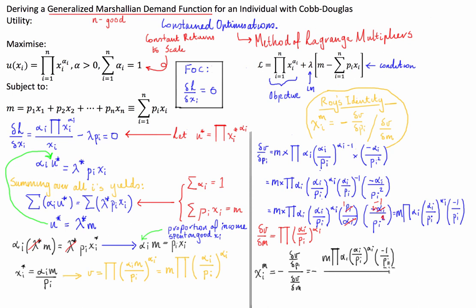all divided by, we've got our partial derivative of our indirect utility with respect to income, so it's just going to be our operator times by alpha I over pi to the power of alpha I. Great. So we get out our red pen because we're going to realize that this operator and the alpha I's are going to all cancel out.